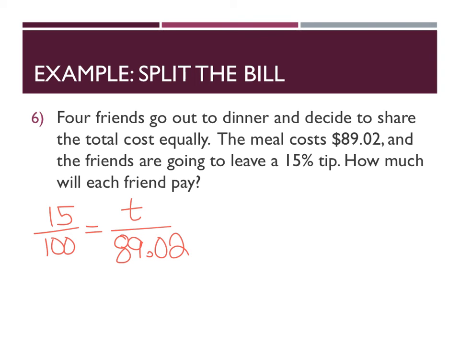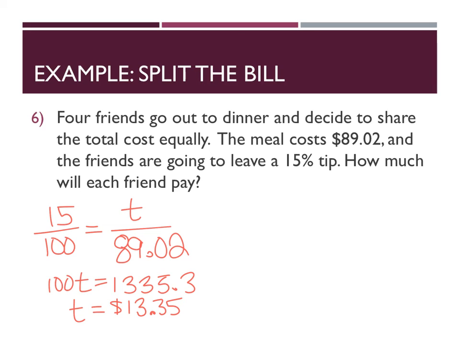So I have 100T equals 15 times 89.02, and I get 1335.3. Divide that by 100, and we get a tip amount of 13.35. I am rounding because we're talking about money here.